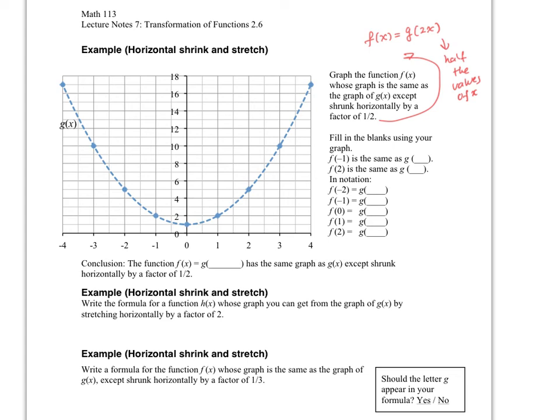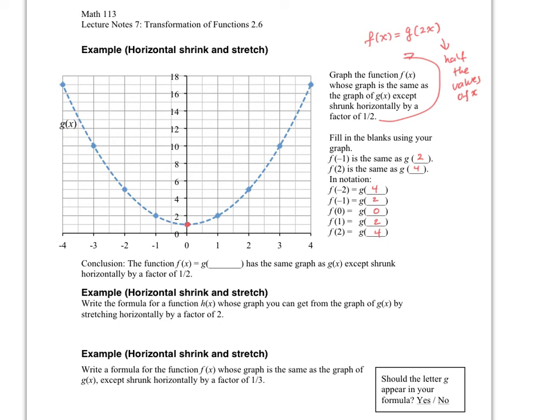So therefore, if we use this, let's complete this part first. So f of 1, -1 will be the same thing as g of 2, and f of 2 will be the same thing as g of 4. This one should be 4, this should be 2, this is obviously 0, this will be 2, and this will be 4. So therefore, if we want to do the graph, well, f of 0 and g of 0 are the same, but then f of 1 is the same thing as g of 2.